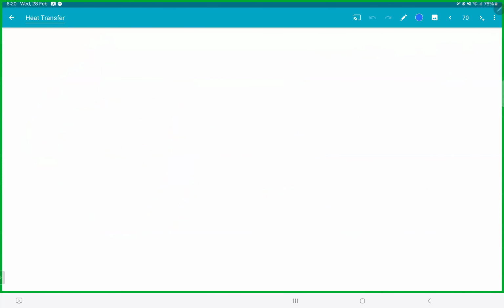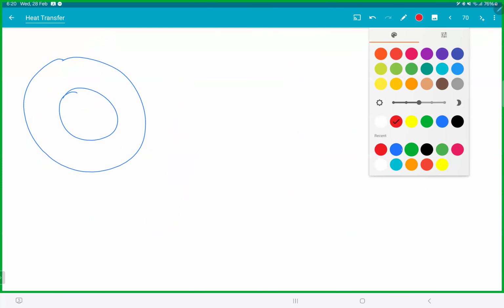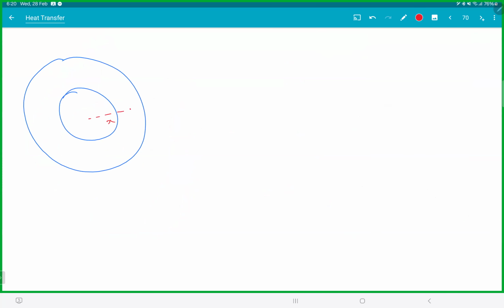How to find R thermal resistance? We have done this in conduction. At a distance x, take a thin shell of thickness dx. All these thin shells are in series.